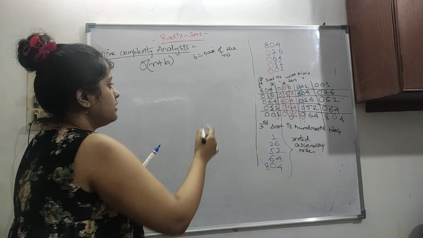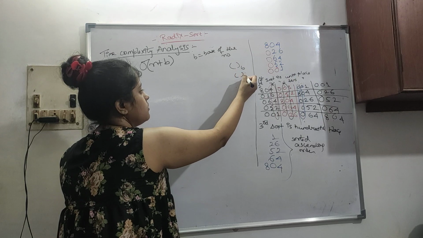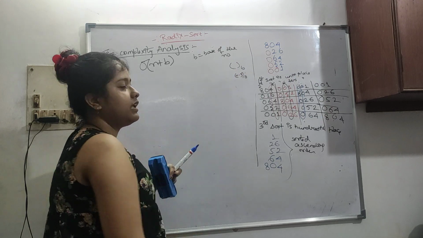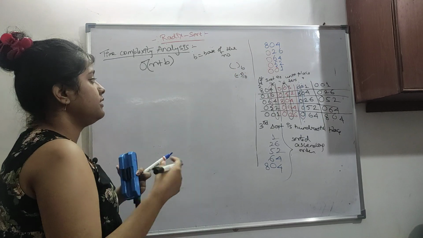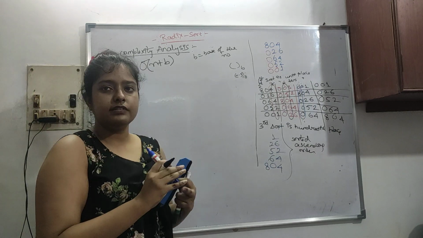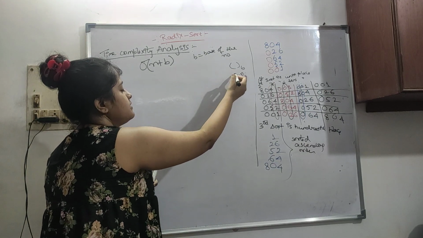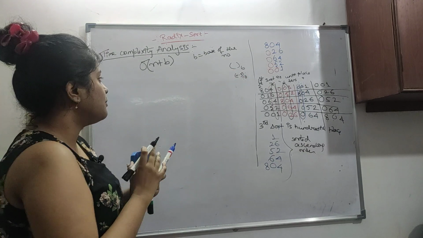Base, I think you know. A decimal number has base 10, digits 0 to 9. We will understand it more in our number system, which we will do in digital logic. For now, just understand that if the base is 10, we will get 0 to 9 numbers.